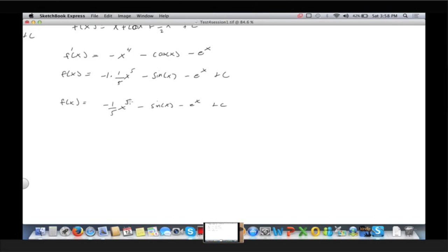Okay, so negative x to the fourth derivative of sine of x is... the derivative of sine of x is cosine of x. Okay, cool. Okay, excellent, good.